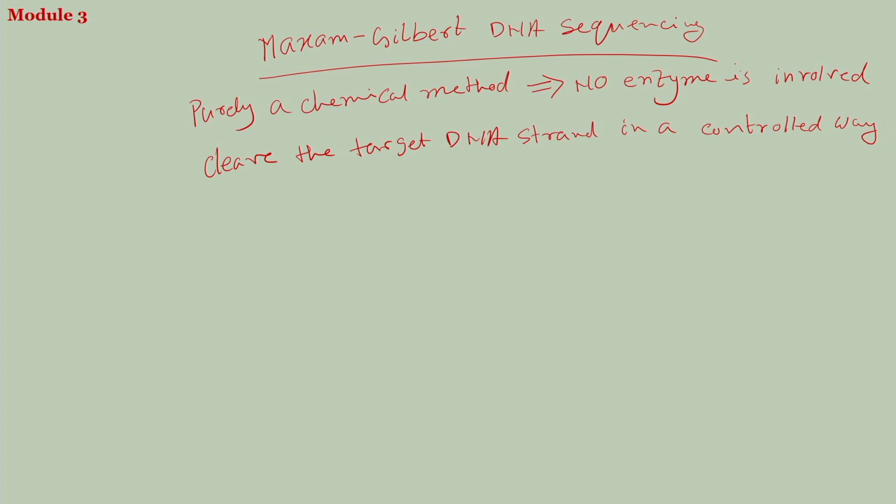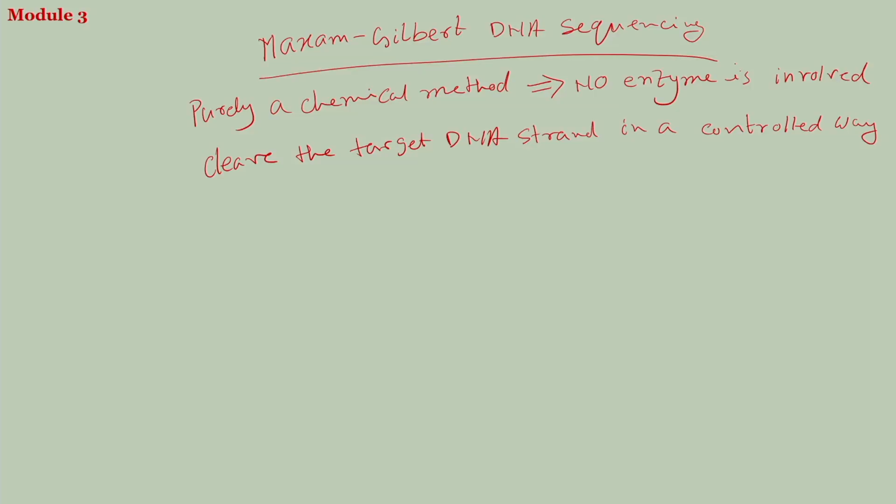If you have the target DNA, using chemical treatment you actually break the strand, obviously in a controlled fashion, so that you can have restrictions, that some groups would react under that condition, some other nucleobases will not react under that condition. We will see it shortly. So, since you cleave the DNA target, obviously it is a destructive process.